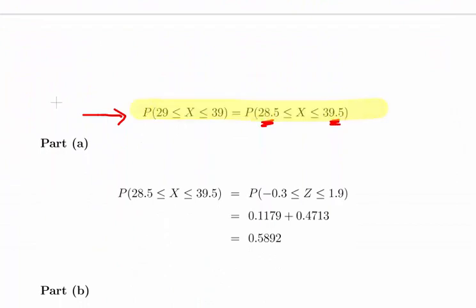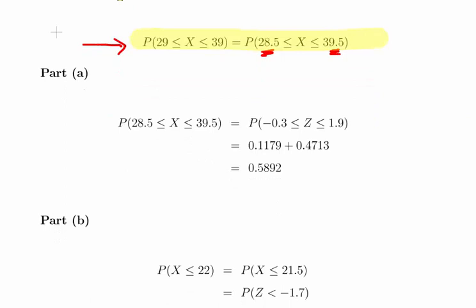Now I'm going to skip over this. Usually what I would do is make more of a big deal about calculating the normal probabilities.